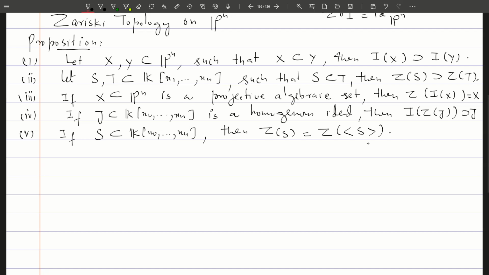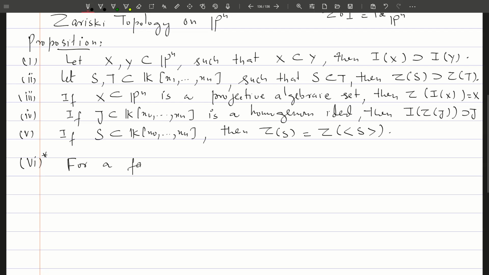Now we come to the results which give us the Zariski topology on Pn. These two items, this is the sixth item. Let us drop a star here.